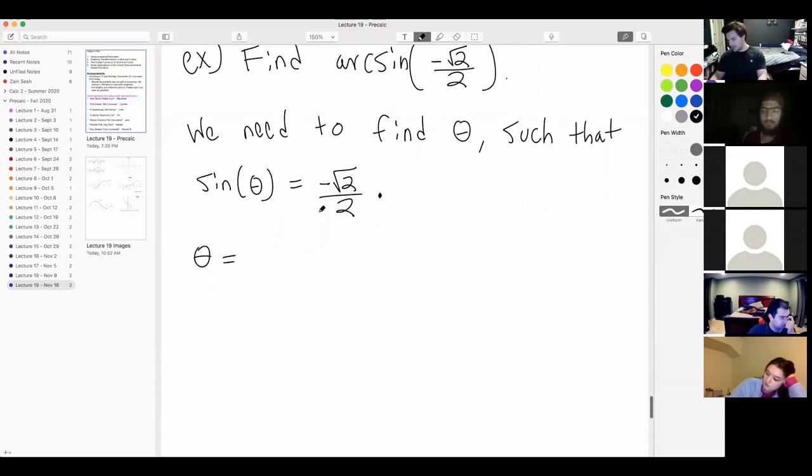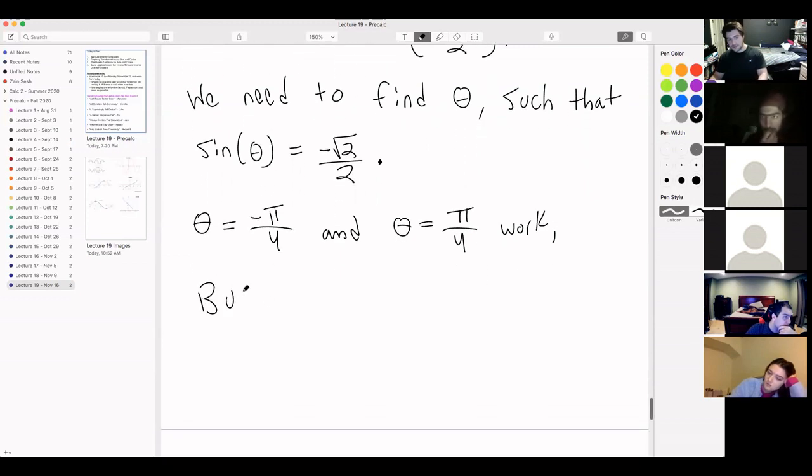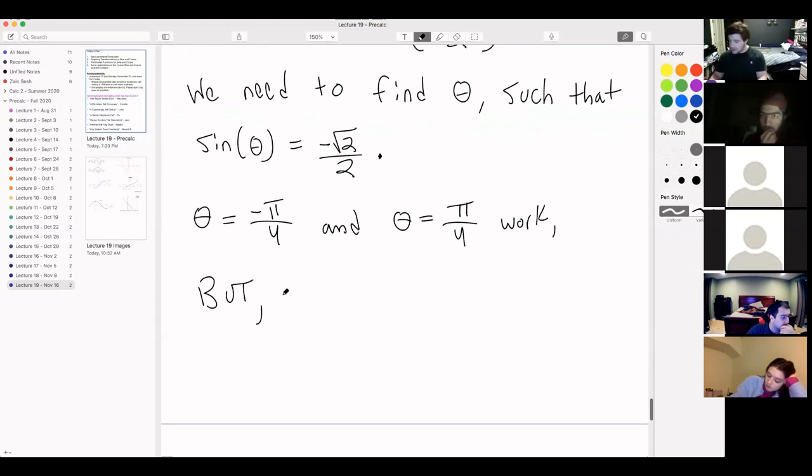So which thetas work? What gives me negative root 2 over 2? By our earlier work, theta equals minus pi over 4 and theta equals positive pi over 4 work, but we need to reject the one that is not in our interval.